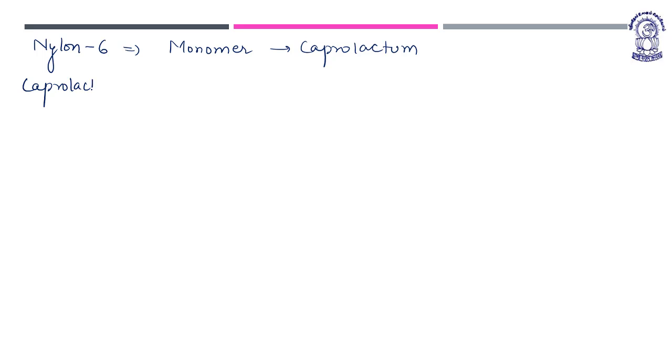Next comes nylon 6, which includes only one monomer, caprolactam. Caprolactam is obtained from cyclohexane.